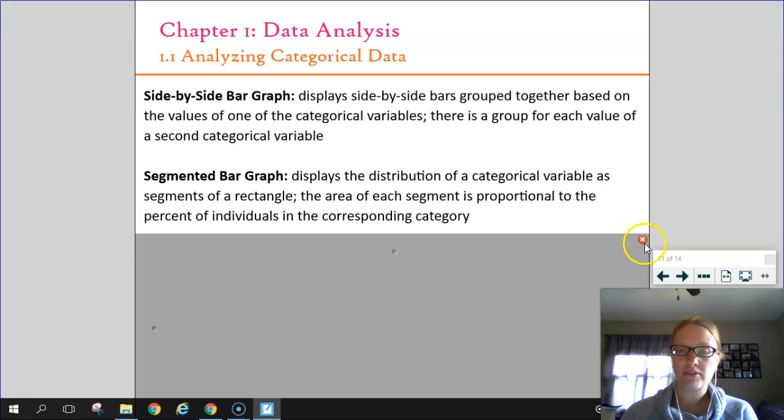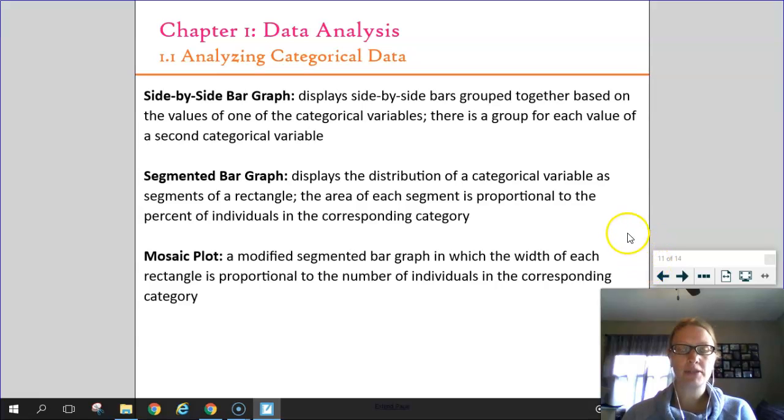And the third type of visual display for two categorical variables is a mosaic plot, which is basically a modified version of the segmented bar graph in which the width of each rectangle is proportional to the number of individuals in the corresponding category. These definitions probably won't make a ton of sense right now, but I would recommend you write down their definitions so that you can look at them alongside the visual displays.